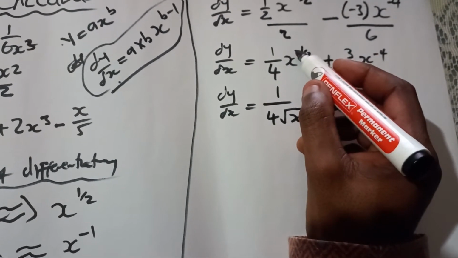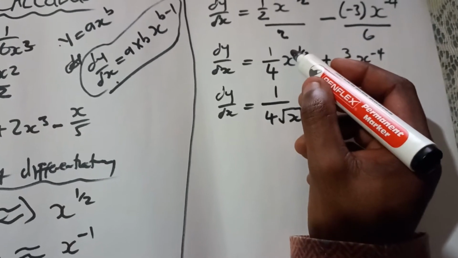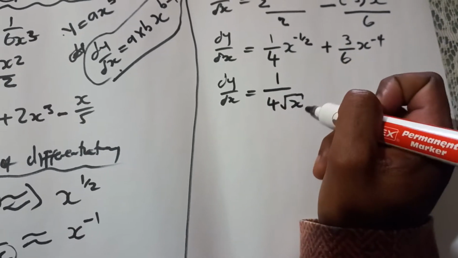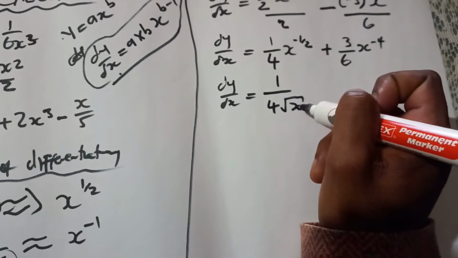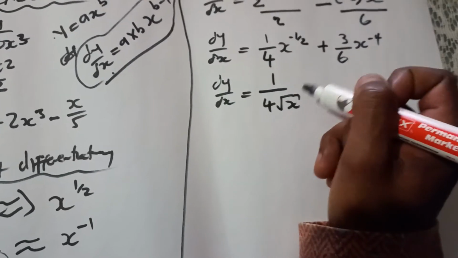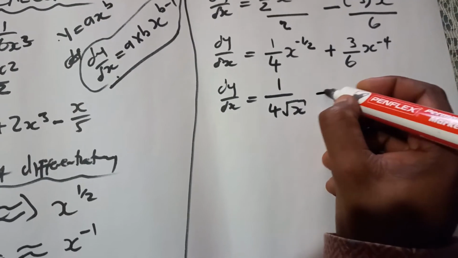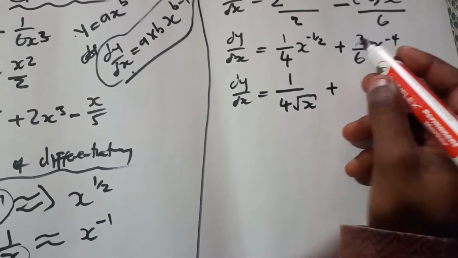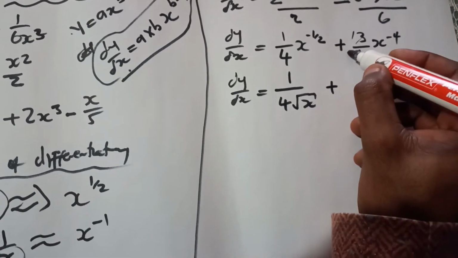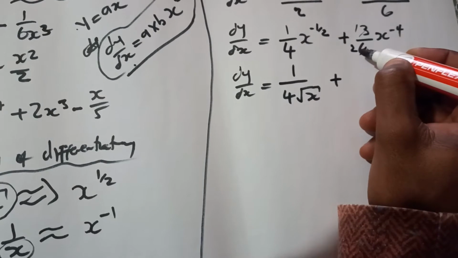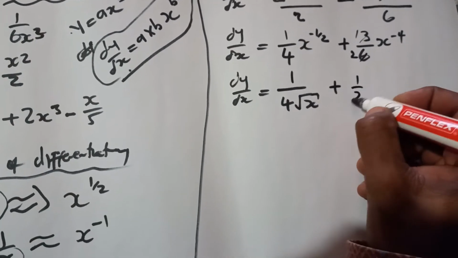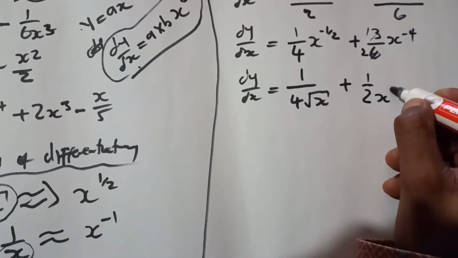Remember, the negation indicates that if you simplify it, it must go down, and 1 over 2 is the same as the square root, plus 3 goes here, 1, 3 goes here, 2, right? So it's 1 over 2x to the power of 4.